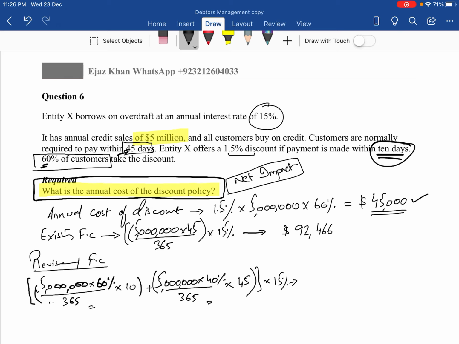So this part is equal to 82,192, and the other part is 5 million into 40% into 45 divided by 365, it is 246,575, and then we have to add these two and then multiply it by 15%.